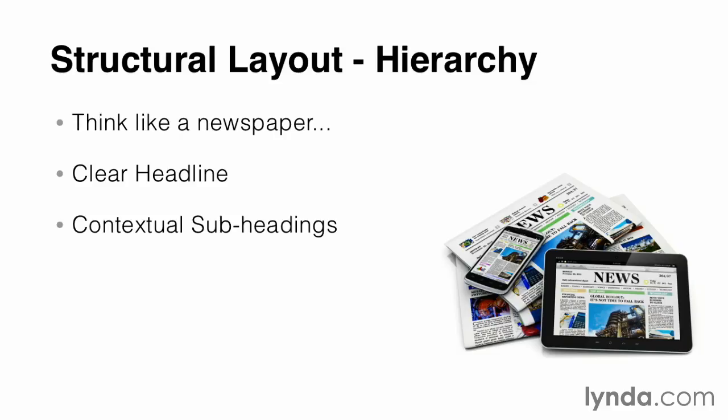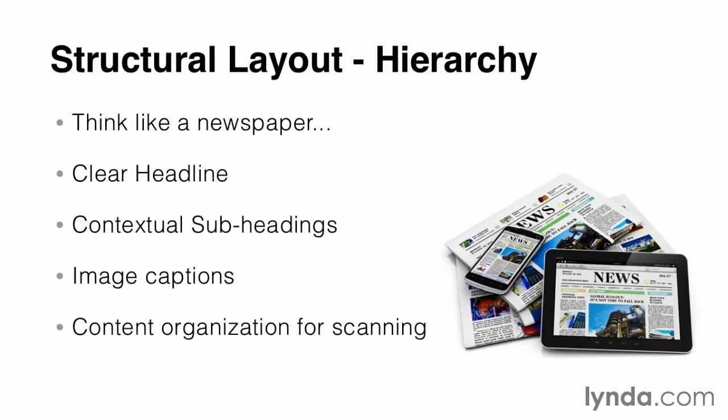And so all of your subheadings need to be contextual. If you have images, you need to describe the purpose of those images, either with captions or alternative attributes. And then your content needs to be organized for clear scanning.